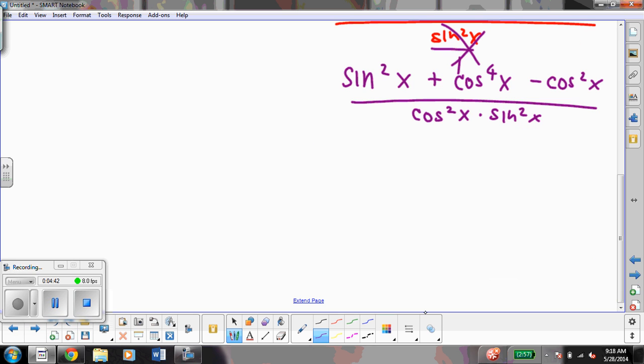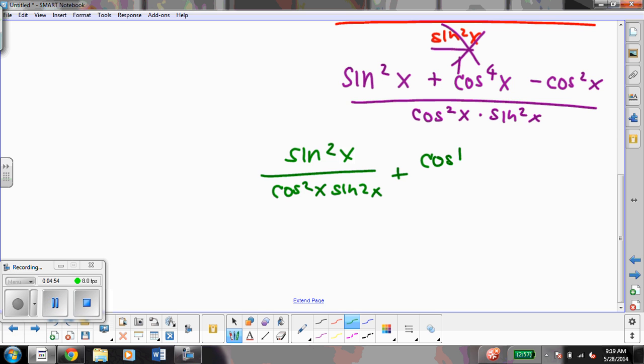And since I only have multiplication on the bottom, I broke this fraction up. And I said sine squared x over cosine squared x sine squared x plus cosine to the 4th x over cosine squared x sine squared x, and then I have minus cosine squared x over sine squared x.